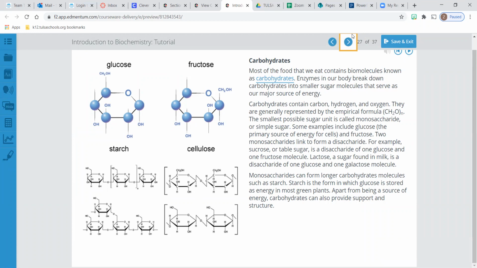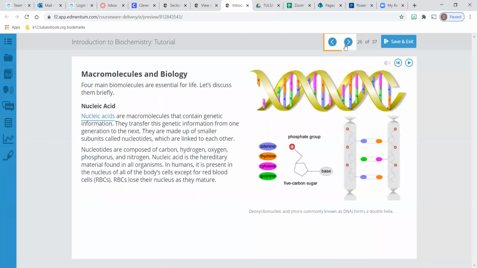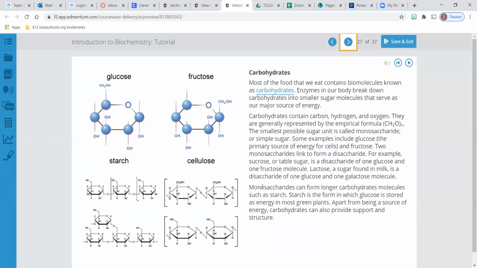So first we had nucleic acids, nucleotides. Now we have carbs. Everybody loves carbs. I love carbs. Most of the food that we eat contains biomolecules known as carbohydrates.